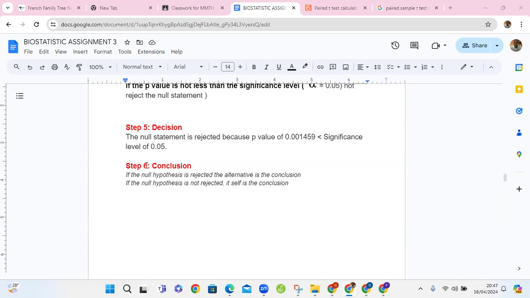So now our conclusion says that if the null hypothesis is rejected, the alternative is the conclusion. If the null hypothesis is not rejected, itself is the conclusion.